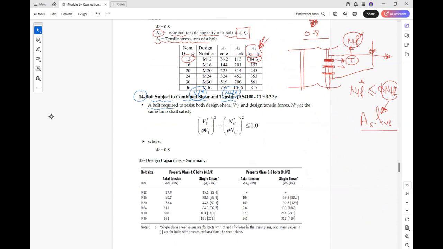So a bolt required to resist both shear and tensile force at the same time shall satisfy the following formula for combined action. (Vf*/phi Vf) squared plus (Ntf*/phi Ntf) squared should be less than or equal to 1, where phi for bolted connection is 0.8.